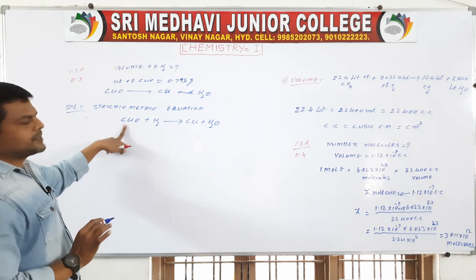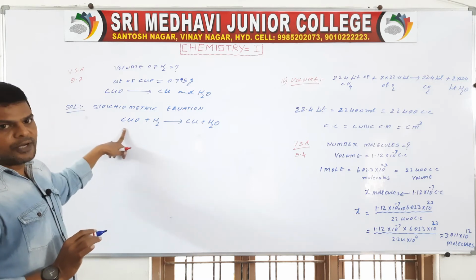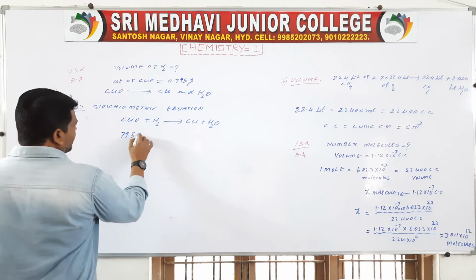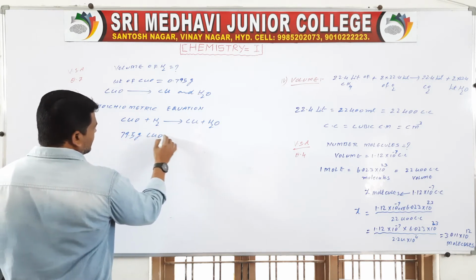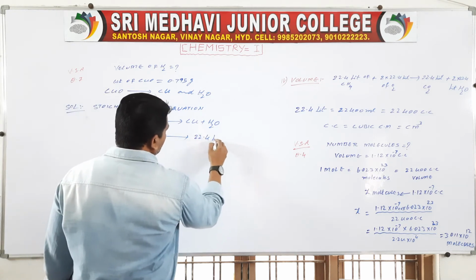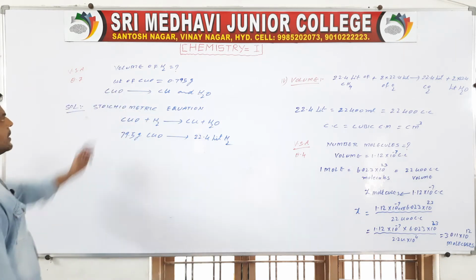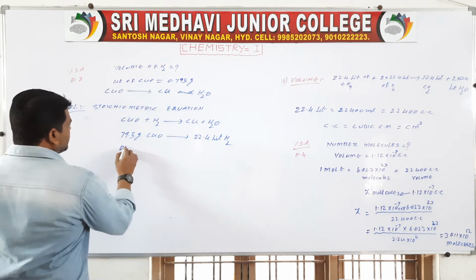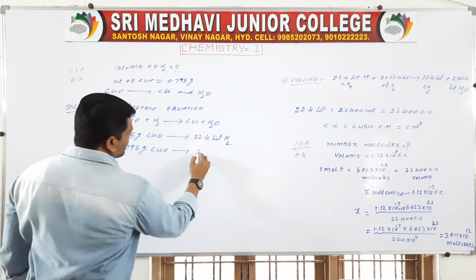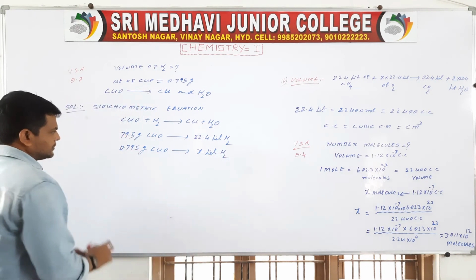The atomic weight of Cu is 63.5, so the molecular weight of CuO is 79.5. 79.5 grams of CuO gives rise to 22.4 liters of H2. Here it is given 0.795 grams of CuO gives rise to X liters of H2.